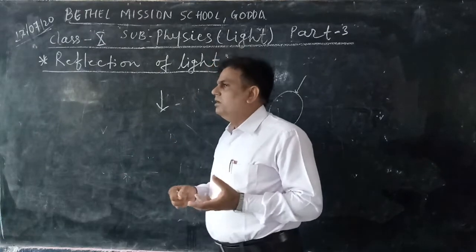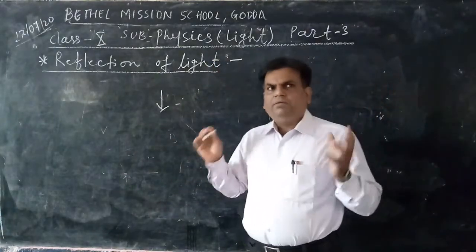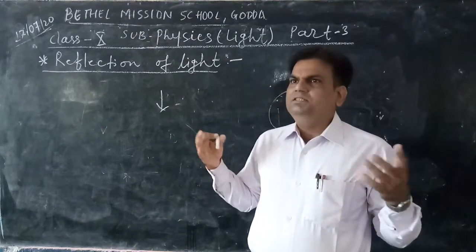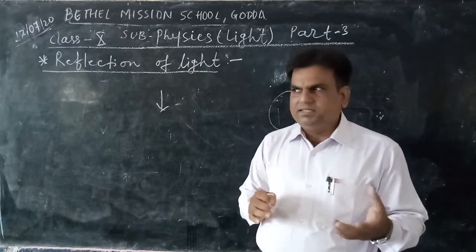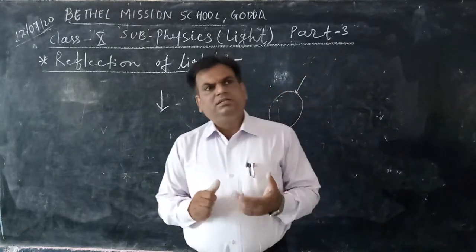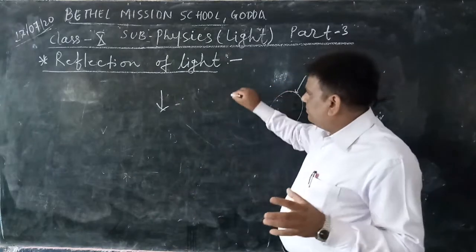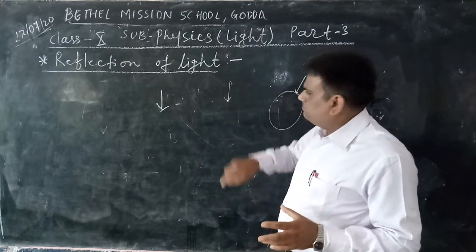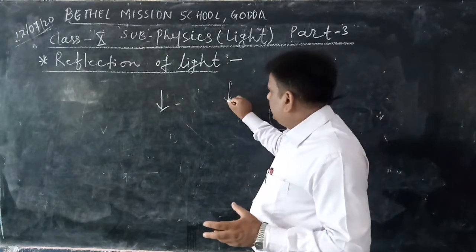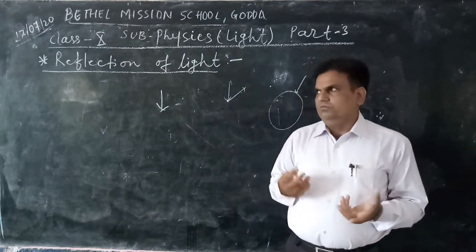Because our atmosphere contains many kinds of particles and gases like oxygen, carbon dioxide, dust particles, water vapors. When the ray of light falls on these smallest particles, the light reflects from them. That's why we see brightness all around.